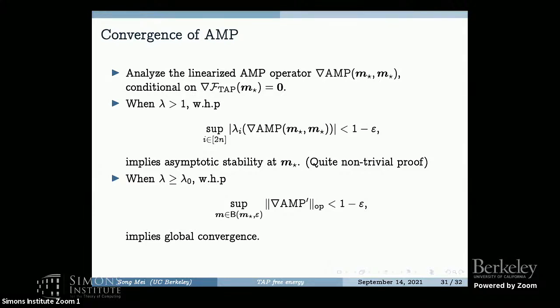And when lambda is greater than lambda 0, with high probability, we can show the operator norm bound of this Jacobian of the AMP operator when M is in a quantitative neighborhood of M star, so that this will imply the global convergence of the AMP algorithm.